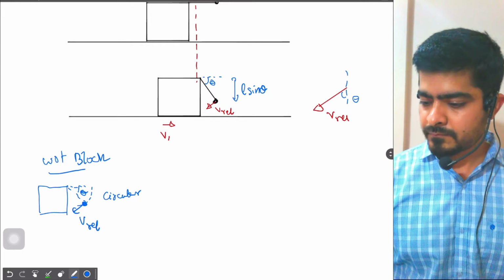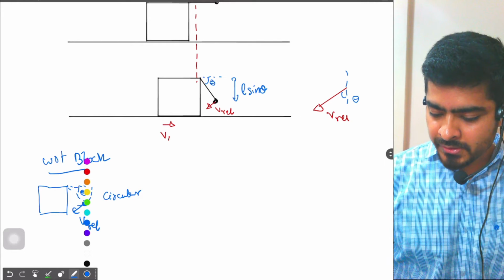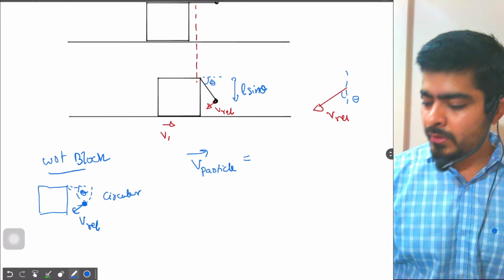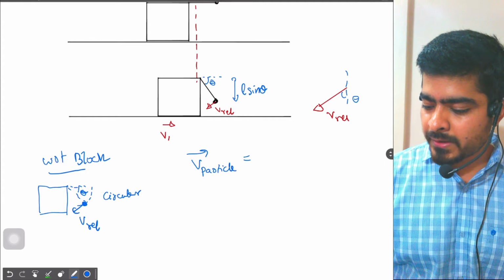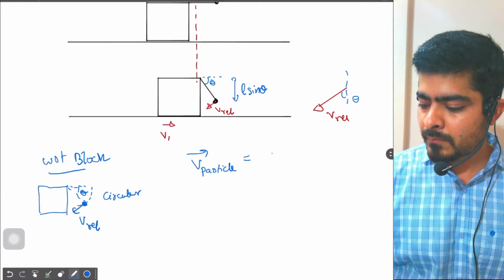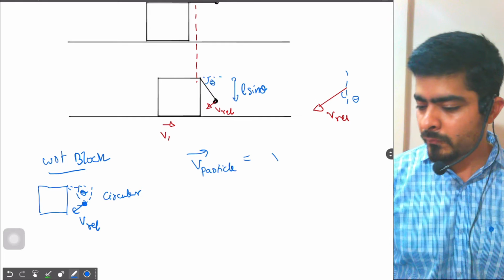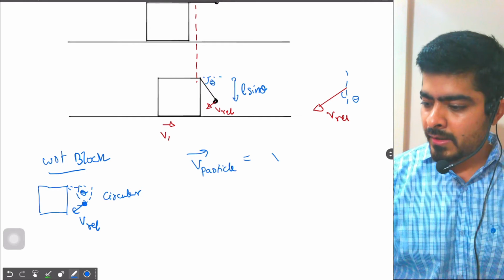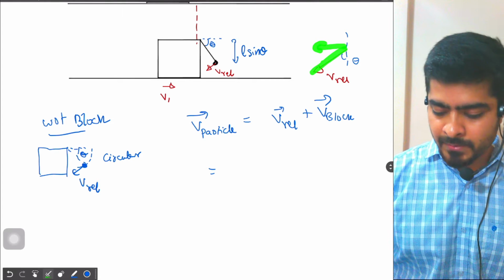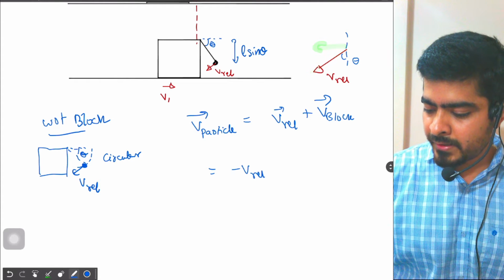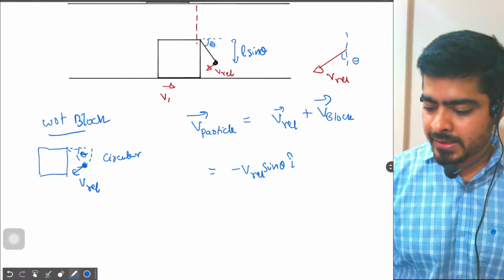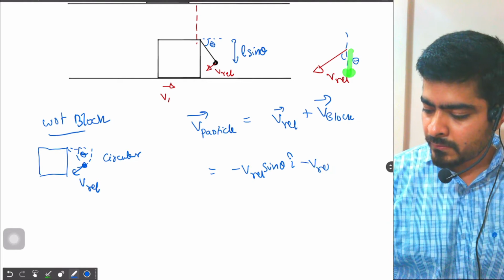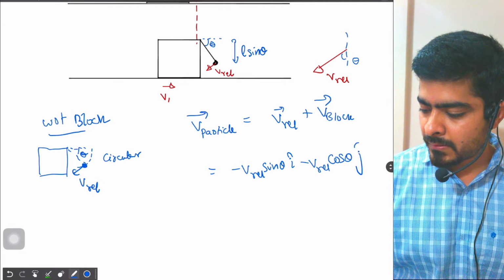Okay, so when you talk about the velocity of particle, what will it be actually equal to? V relative plus velocity of block. This is the actual velocity of particle in the ground frame. So we calculate that. So v relative, write this in vector form. So x component will be minus v relative sine theta i cap, and y component will be minus v relative cos theta j cap.